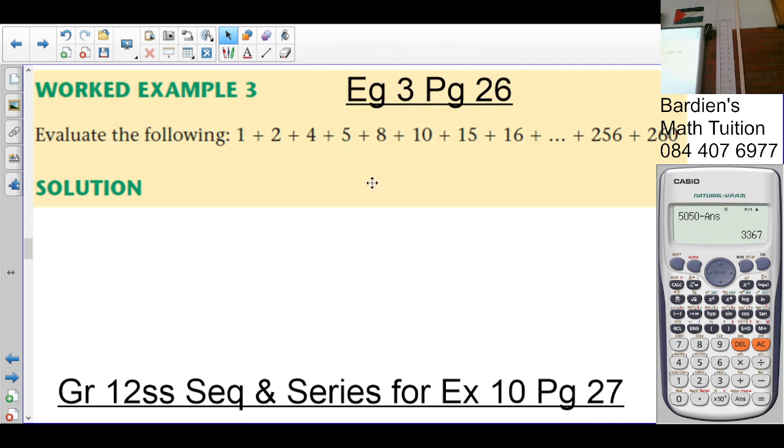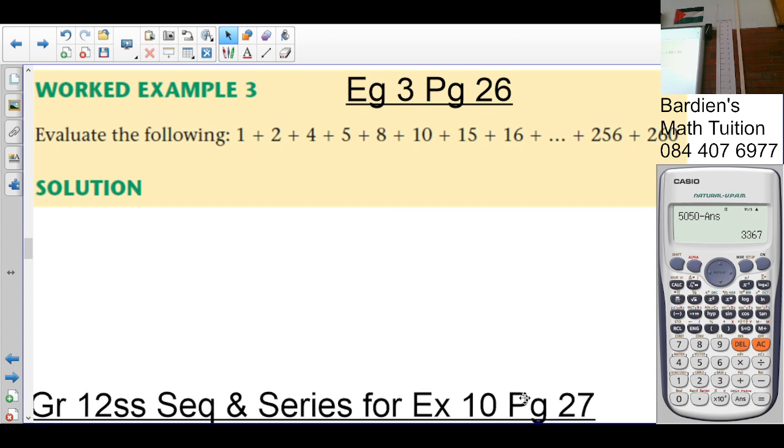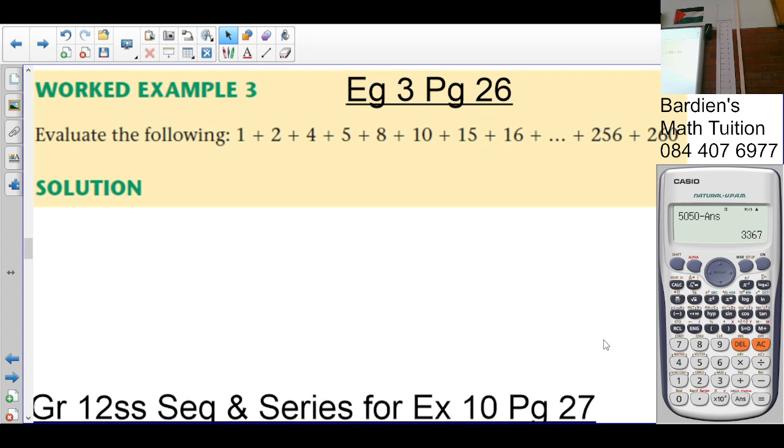We've got 1, 2, 5, 8, 10, 15, 16, and so on. So what you notice here is that 3 is not here, but there's 4, 5, 6 is not here, 7 is not here, 8, 9 is not here, 10, 11, 12, 13, 14 is not, and so on. So we won't be able to set a number pattern up using 3, 6, 7, 9, 11 and so on.